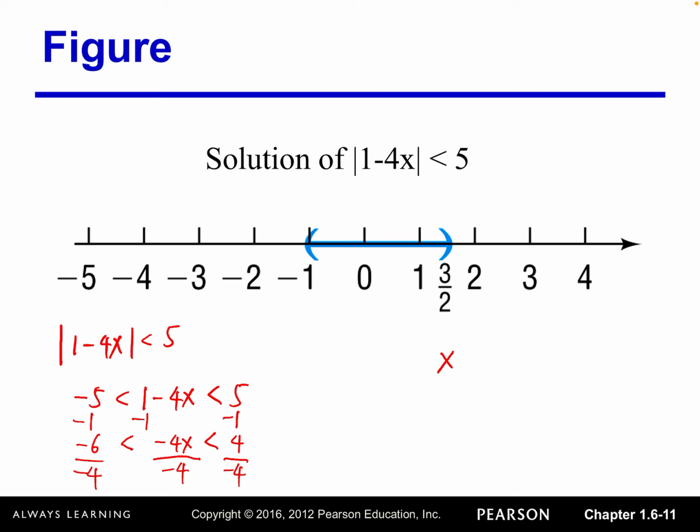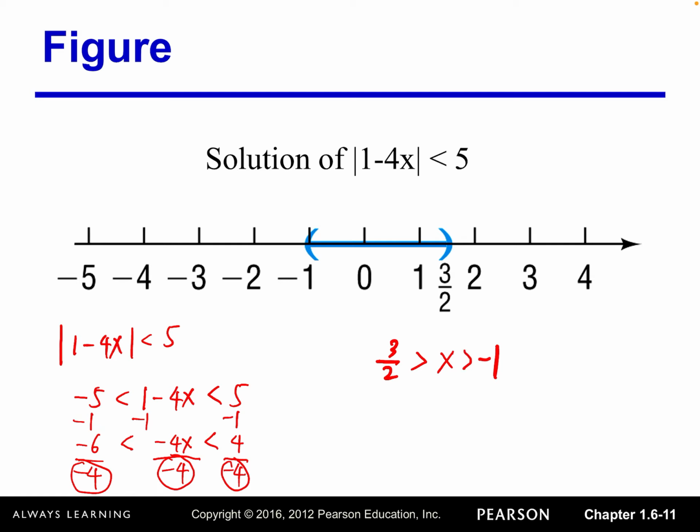Now in the middle we have x, the left-hand side, negative cancels, 6/4 we simplify as 3/2, and the right-hand side, 4 divided by -4, we get -1. So what about the symbol now? All three sides were divided by a negative number, -4, so the symbol should flip direction. Instead of the original less than, now we need greater than.